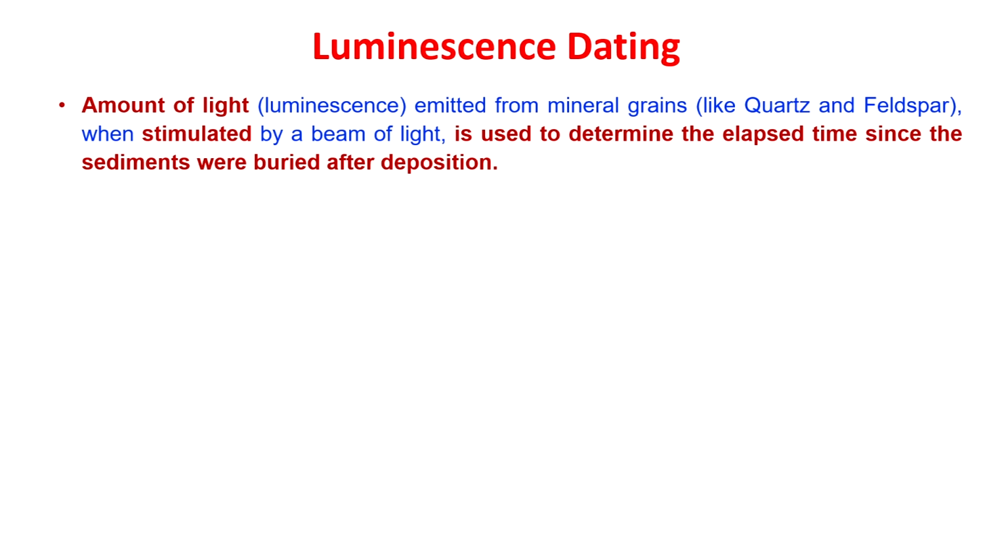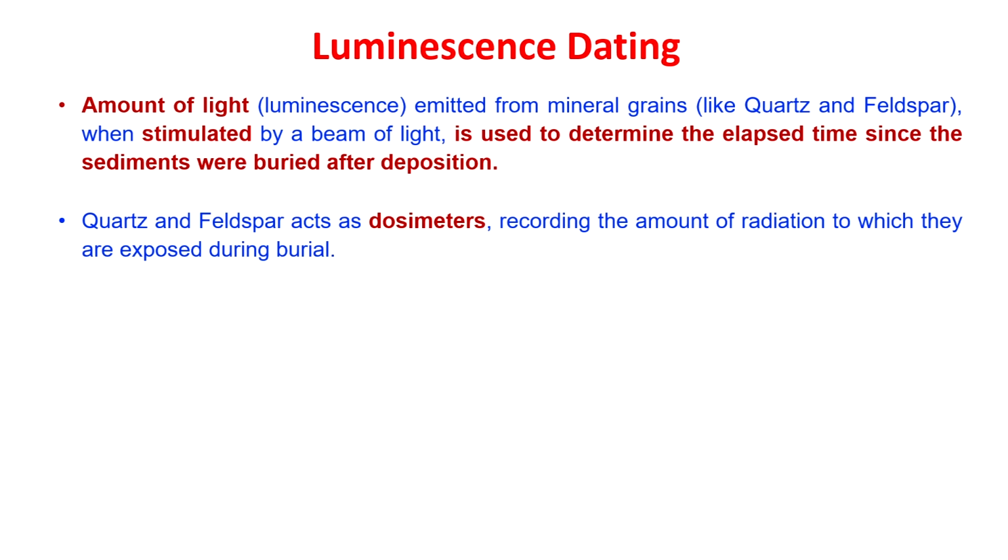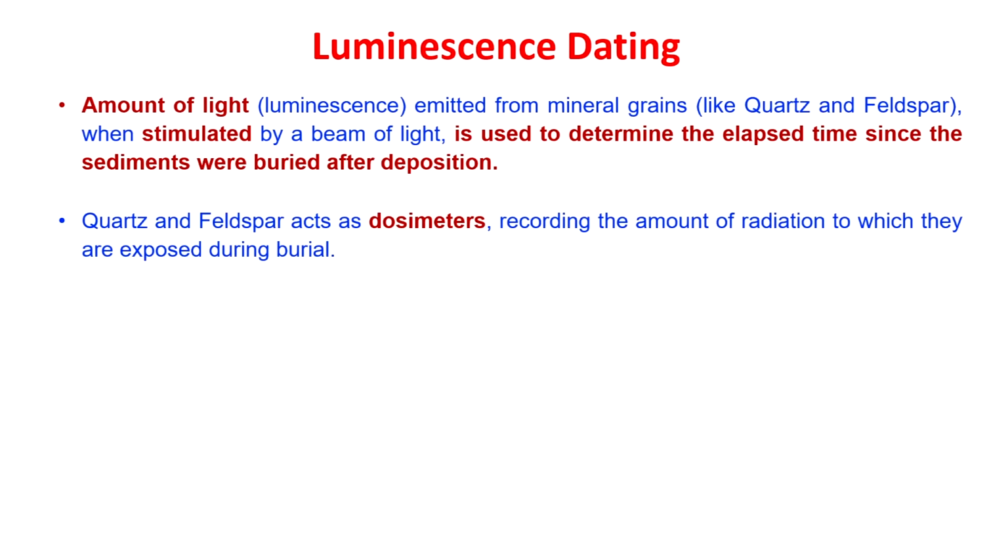So this will give you the time of burial, and that is what we call the time of deposition, the depositional age. After the deposition, they keep acquiring the charges, or the energy. Quartz and feldspar act as a dosimeter, recording the amount of radiation to which they are exposed during burial.